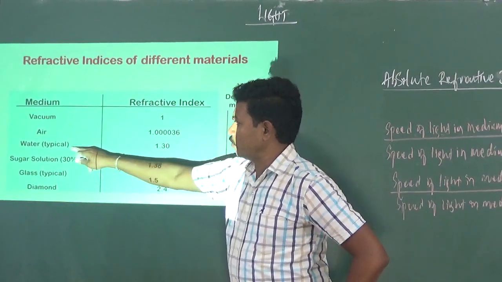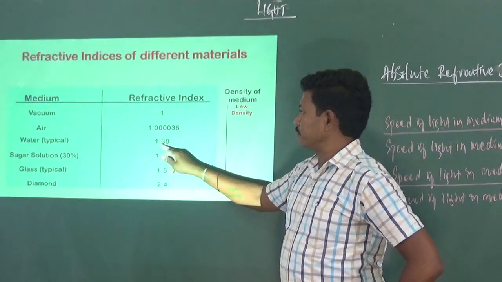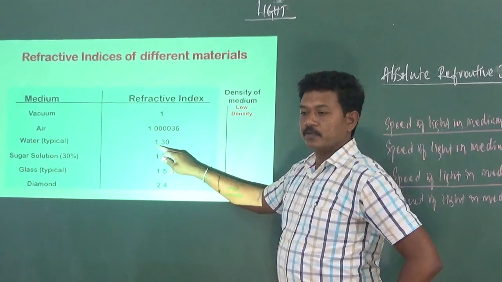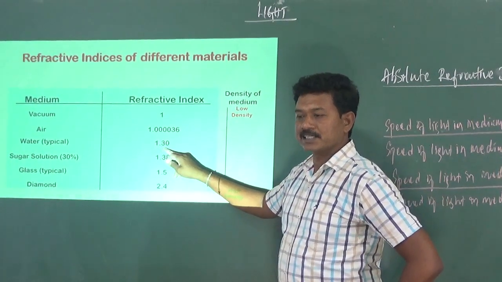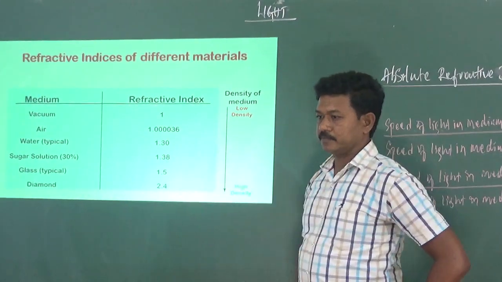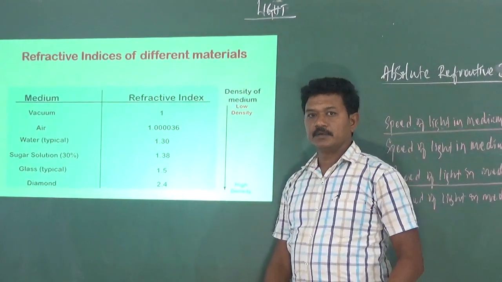Next is water, its refractive index is 1.30. This means the light can travel 1.30 times faster in vacuum than in water. I hope you understood.